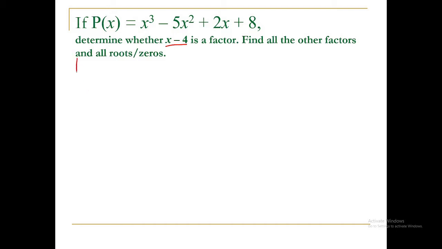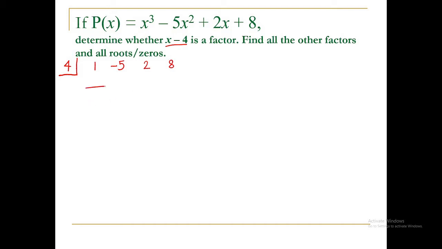Now, what is the value of a when the divisor is x minus 4? 4, sir. Positive 4. Okay, what do I do next? Get the coefficients, sir. Right, that's totally right. Write them. What are the coefficients here? 1, negative 5, positive 2, and positive 8. That's totally right.